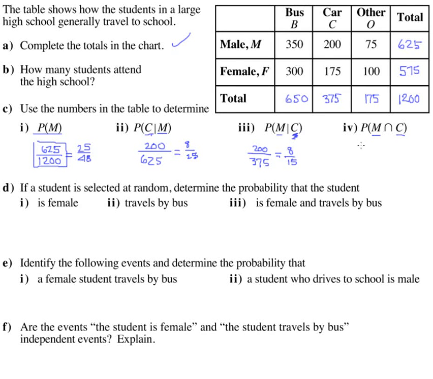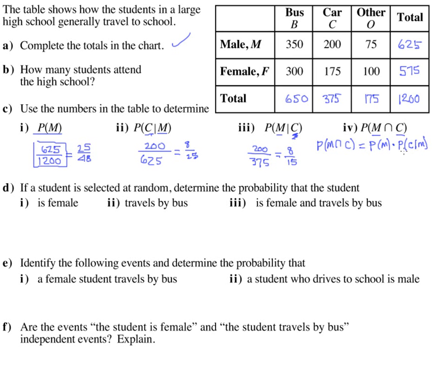So the way you do this when you know the events are dependent is the probability of M and C. This is your multiplication for dependent events: the probability that a student is male times the probability that they're a car rider given that they're male.